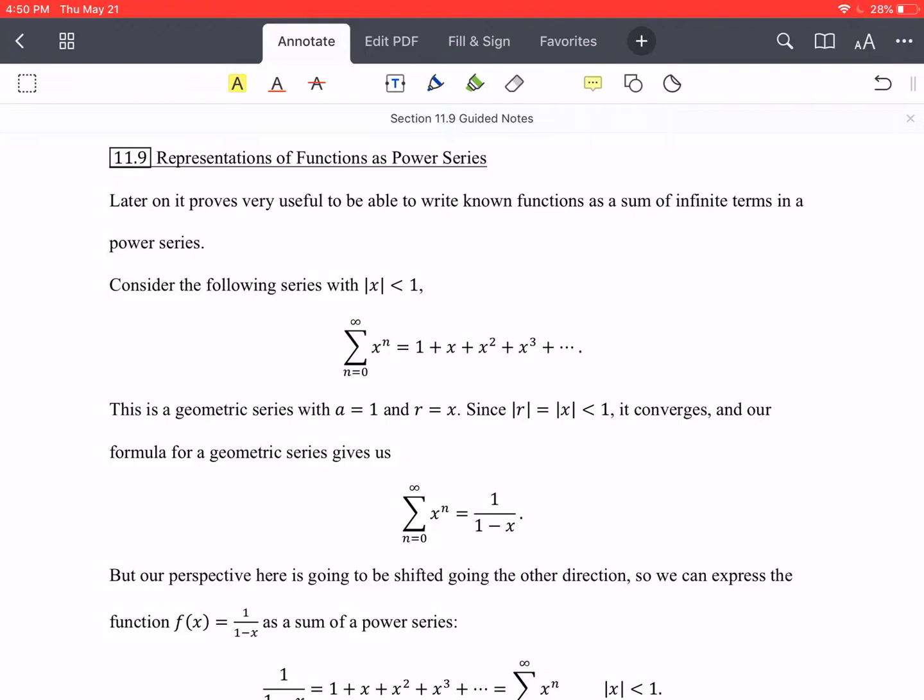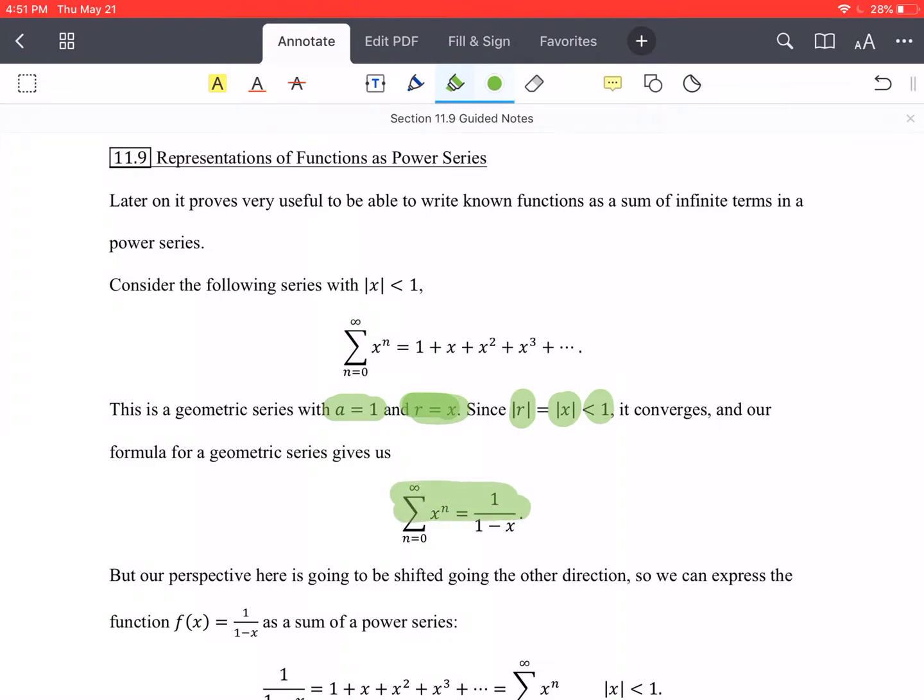If you go back and look at the general form of a geometric series, you'll see that it does match. We know that if the absolute value of r is less than 1, it's convergent. And since r is x, the absolute value of x being less than 1 means that it's convergent.